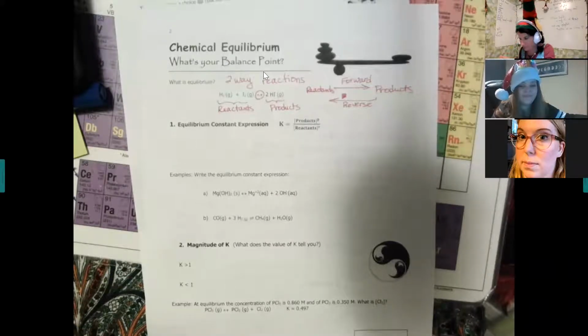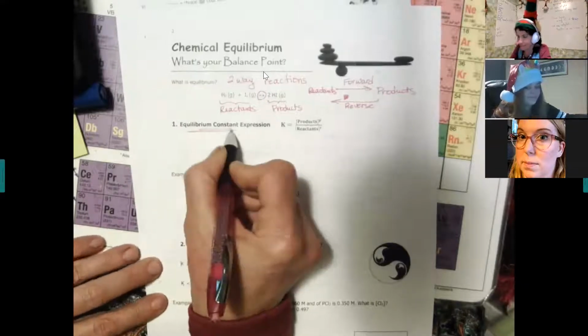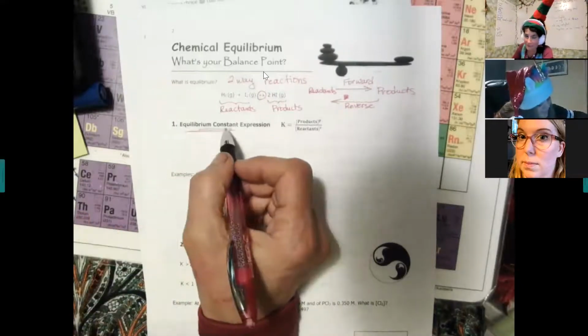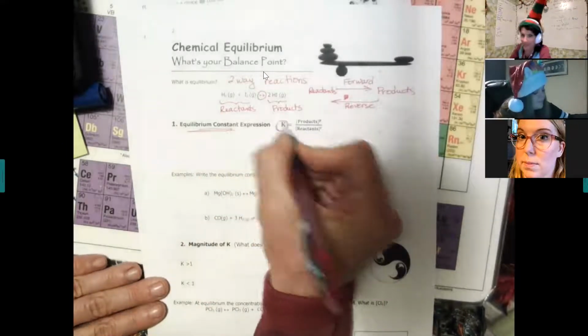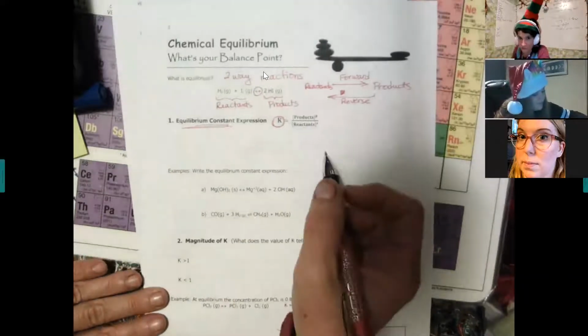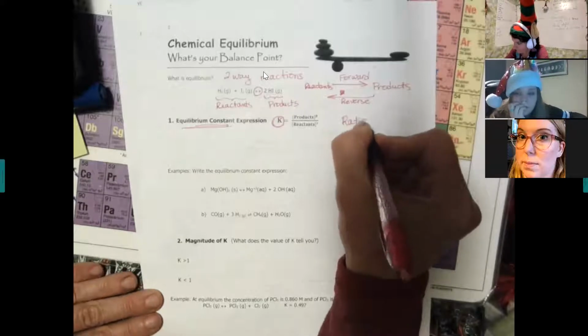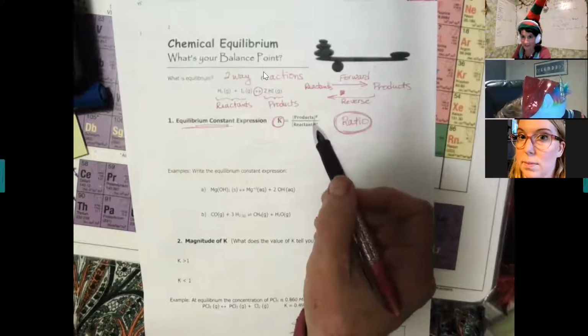And how equilibrium is expressed is by the equilibrium constant. The correct term is equilibrium constant expression, which is a K, capital K for constant. It is a ratio. That is the key. It is a ratio of how many products to reactants you have.